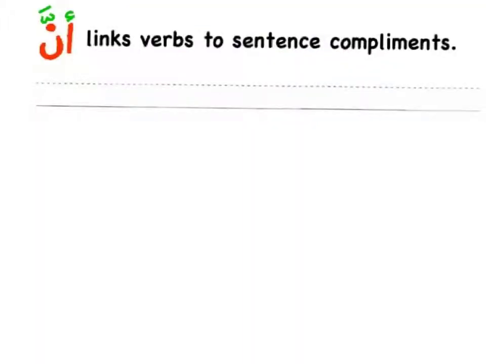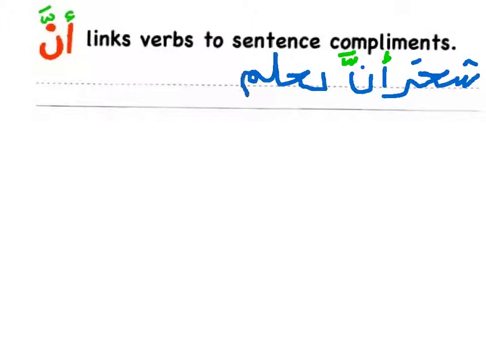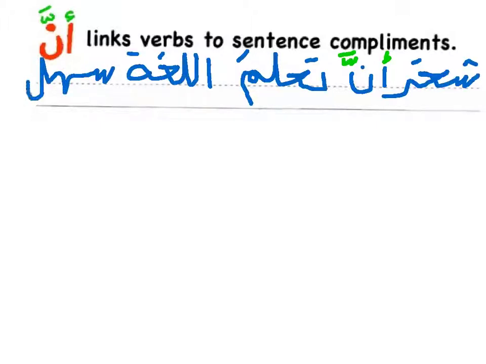So with أن, we can have a sentence like شعر أن تعلم اللغة سهل. Let me vowel it for you. And here I mean the Arabic language, but you just have to trust me on it. شعر أن تعلم اللغة سهل.